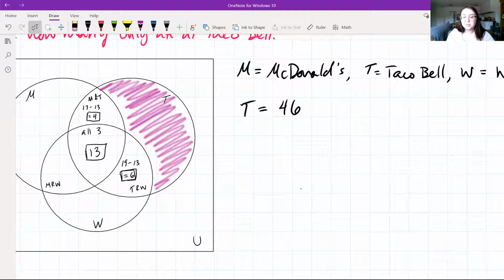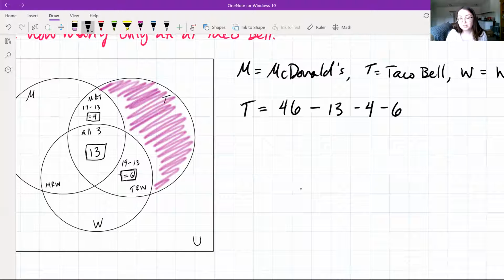So what we're going to do is take 46, all of our people that ate Taco Bell, and subtract each of these values. So we subtract 13, we subtract 4, and we subtract 6.